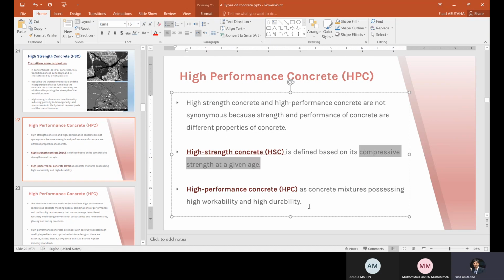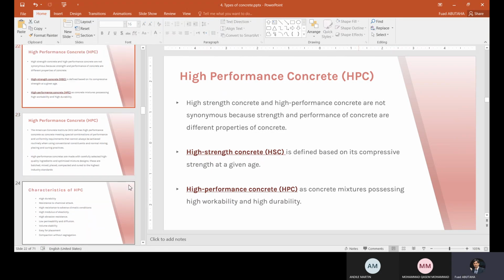High performance concrete is a concrete that has high workability and high durability, no matter how strong the concrete is. It has high durable performance, not necessarily high strength.